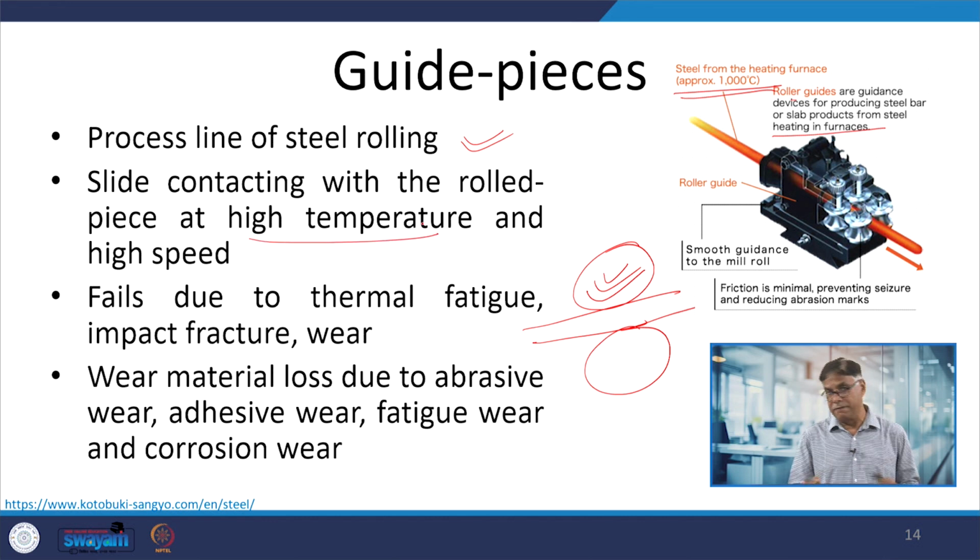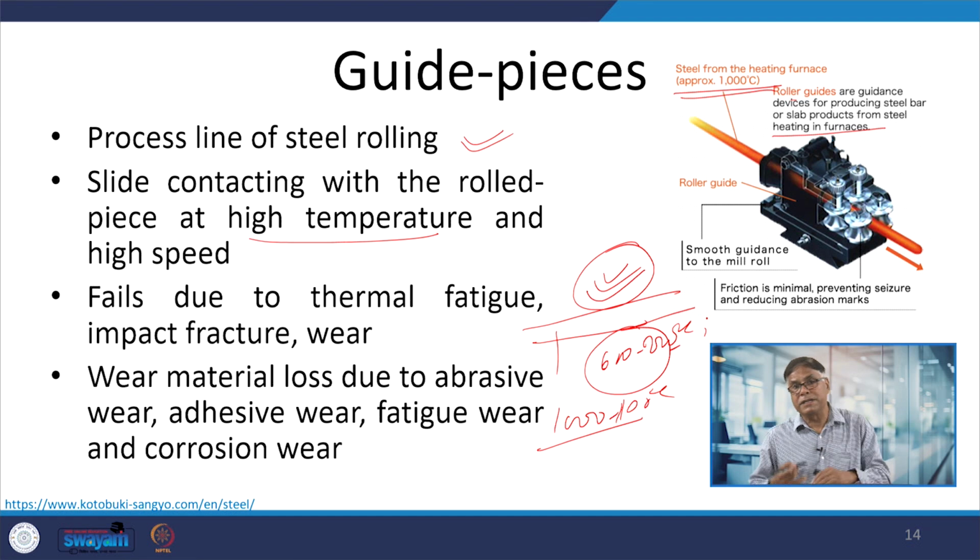Depending upon the metal of the bar, the temperature can be around 1000 to 1100 degrees centigrade, and the guide piece temperature may accordingly go up to say 600 to 800 degrees centigrade. So, a material must be able to sustain these high temperature conditions, especially when a steel bar is moving at a very high speed of say 5 to 10 meters per second.